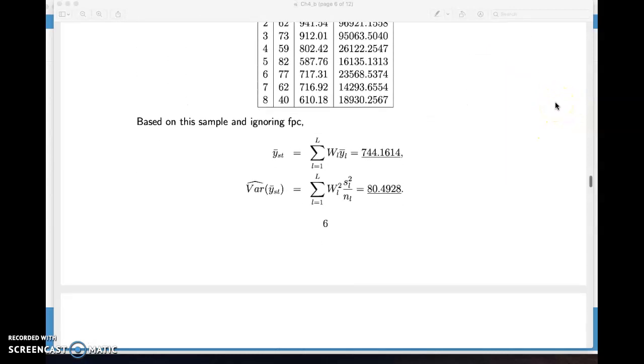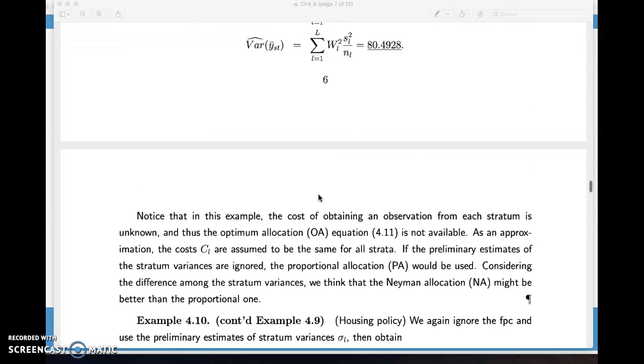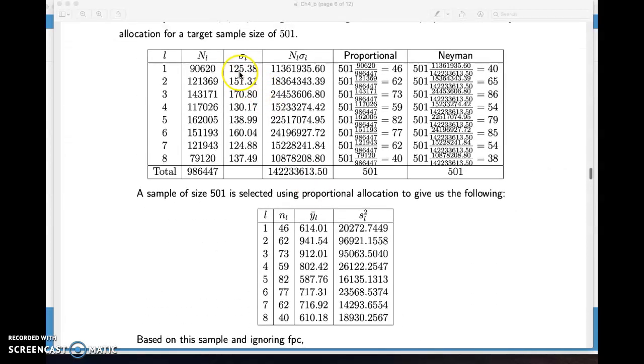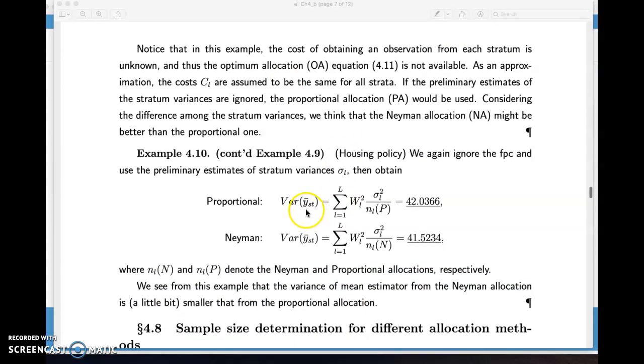So let's compare the same estimate, the estimate for the variance under proportional allocation, if we use the true variance data. The true variance is around 42.0366. But under the Neyman allocations, the variance could be improved down to 41.5234.